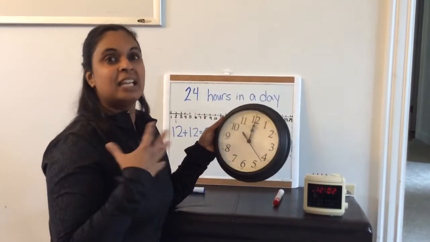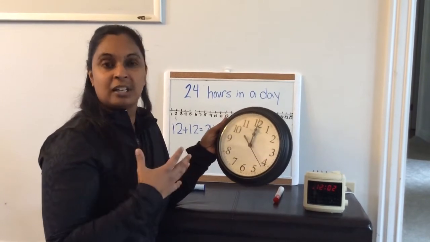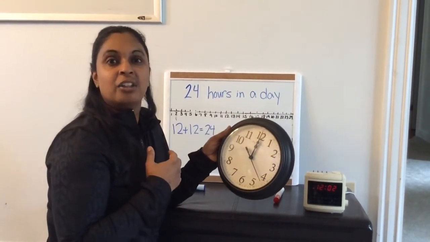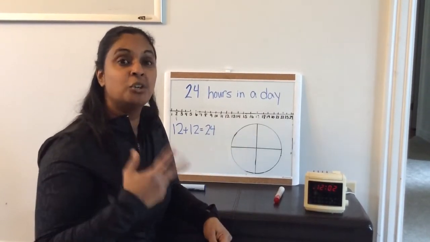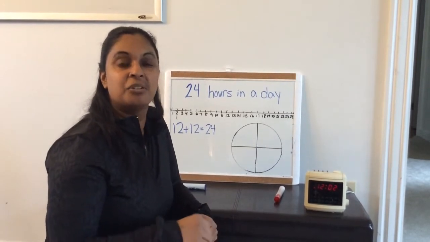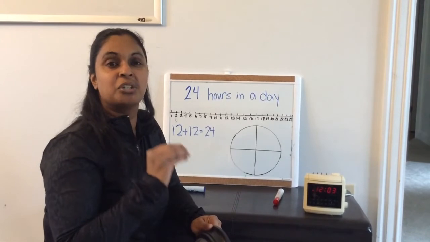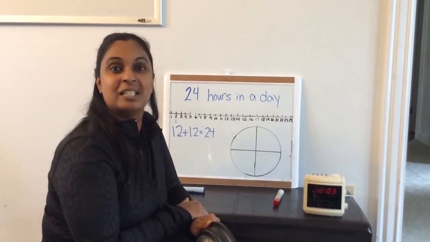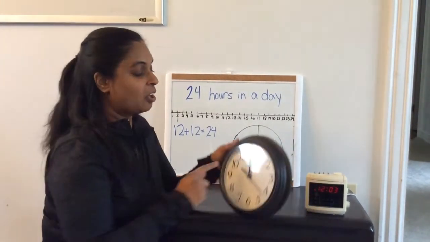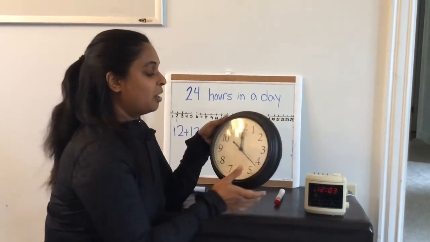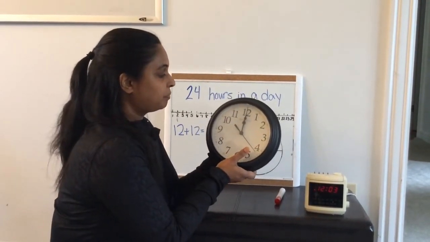We might be able to think of things like the time 12 o'clock. We can think that there are 2 12 o'clocks in a day. So there's 12 o'clock noon, which is lunchtime, and then there's also 12 o'clock midnight, which we're still sleeping. So 2 12 o'clocks in a day, that means our clock has gone around 2 times.